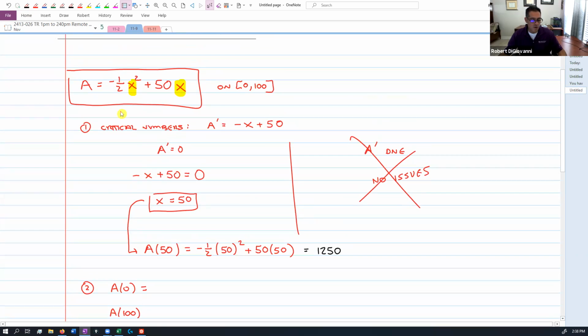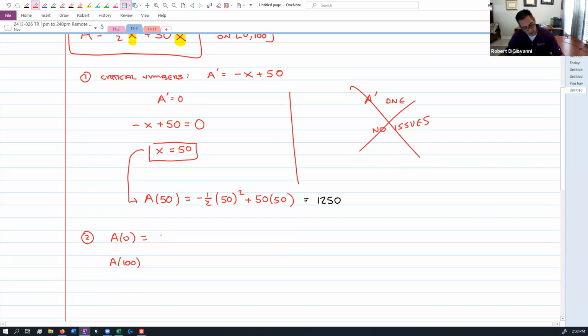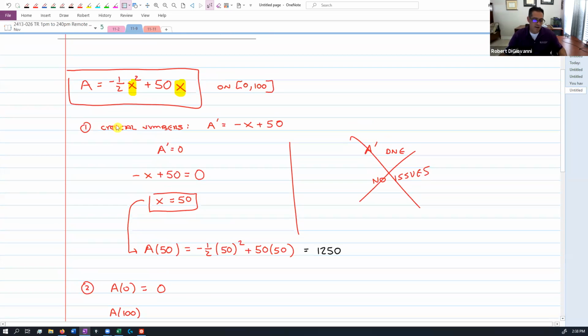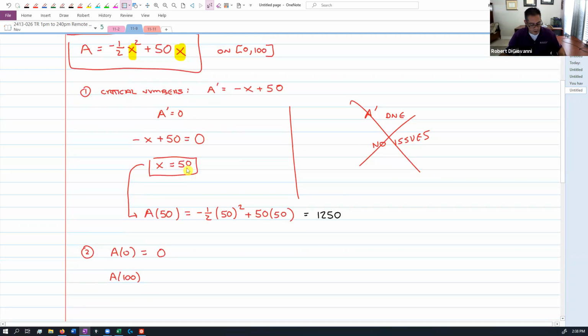If I plug 0 in, this is the easy one. What do I get? You get 0, right? It kills everything off. And if you plug in 100, go ahead and do it yourself. If you plug 100 into this, you will also get 0. Check it for yourself. Plug in 100, do the computation, you should get 0.